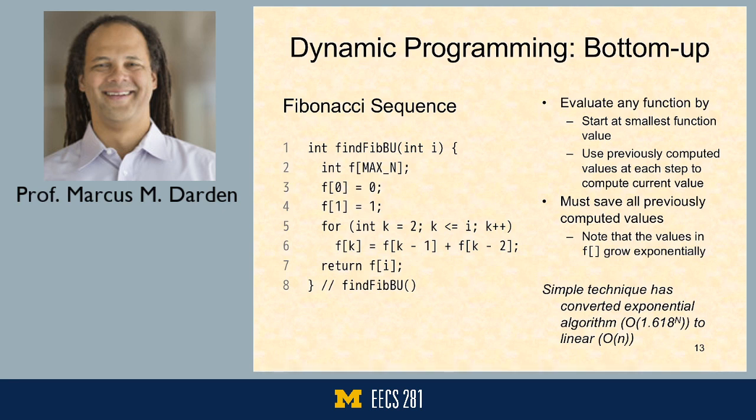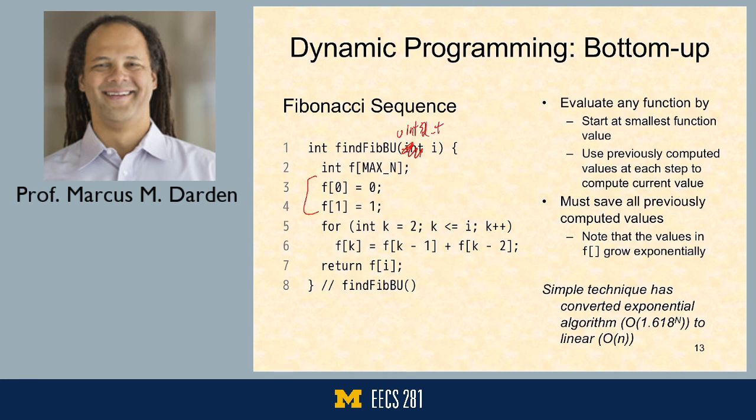Next up, here's my bottom-up version of Fibonacci. Find fib BU, bottom-up. And same sort of thing here. This probably shouldn't be an int. This should be a uint32 or maybe even a size_t, if you're feeling good about it. I'll edit these slides later. But we see it's the same sort of thing here.